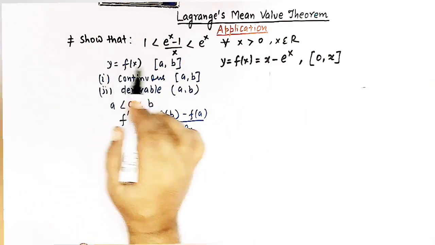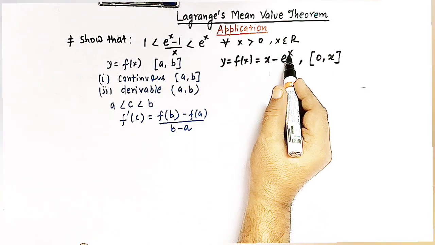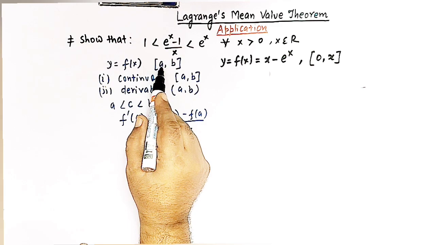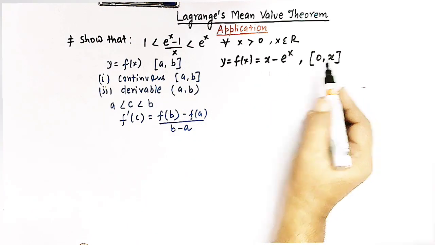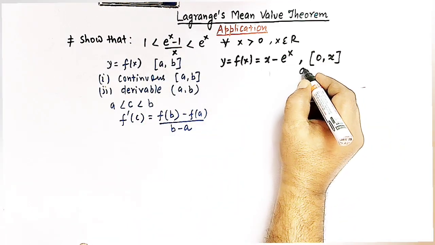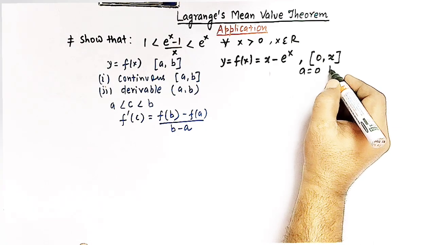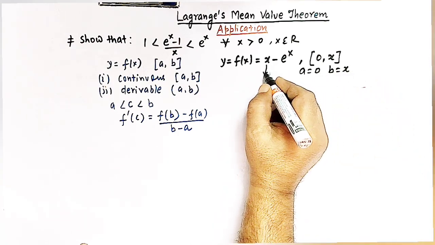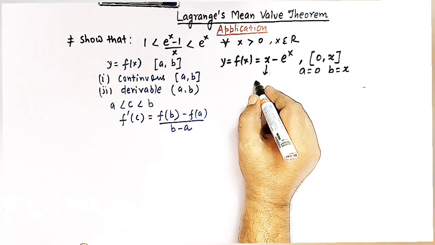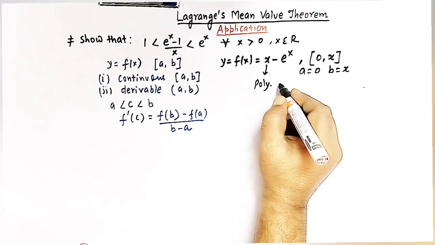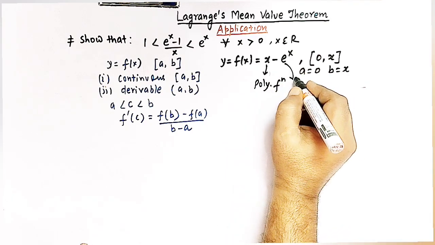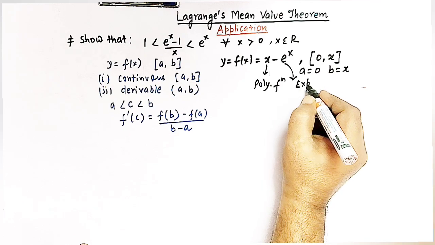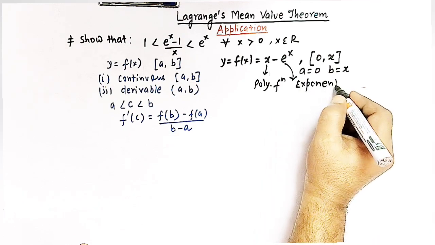So now our function f of x is x minus e raised to x, and the interval a comma b is 0 comma x, where a is 0 and b is x. See, this x is a polynomial function, and e raised to x is our exponential function.